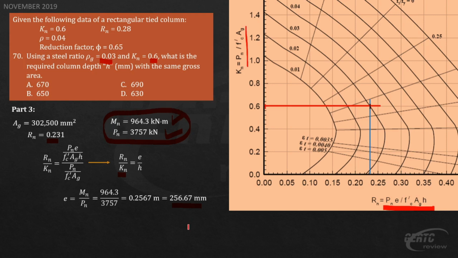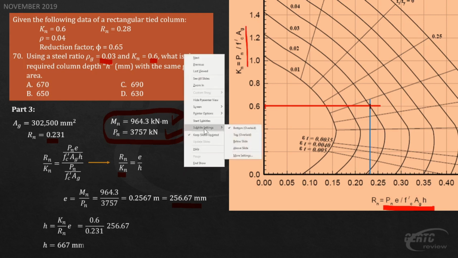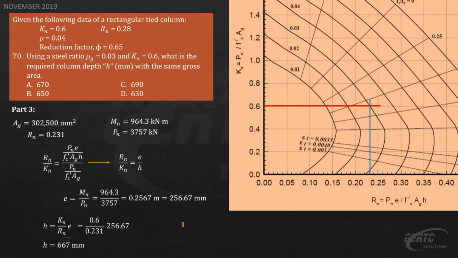Okay, so with that known already, your H is equal to E times Kn over Rn. Cross-multiply lang natin yan. So that will give you yun. In mm, the answer is 667 mm. So we will choose here letter A.